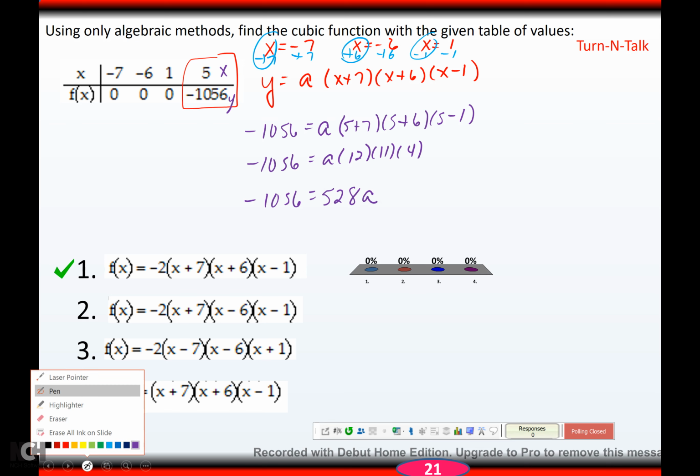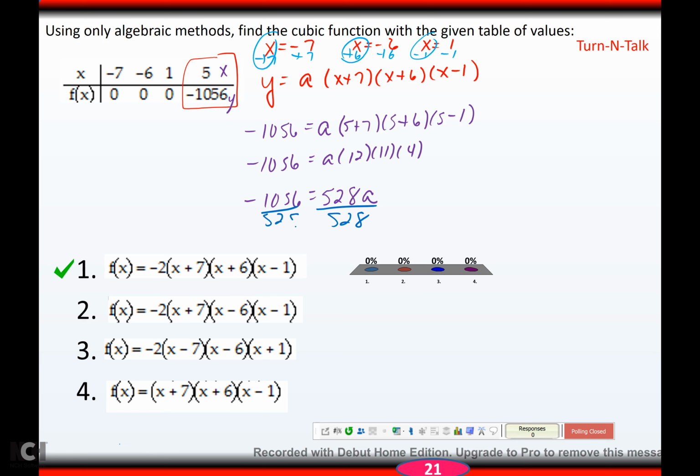To get a alone, divide by 528, and a equals -2. So if I plug in -2 there, my function is -2 times (x plus 7)(x plus 6)(x minus 1). And the order you put those in doesn't matter.